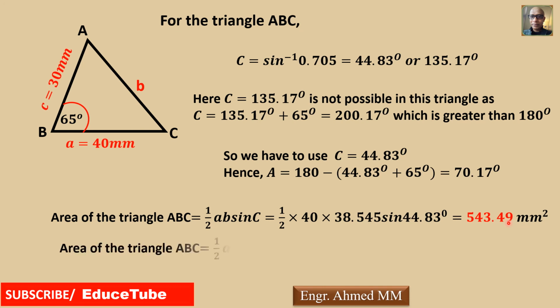To check, I am taking the other sides, AC sine B. I got 543.78. It is of course very close and the same, because due to the degrees, I have taken only two decimals. If it were more, this small variation would not appear, but both are the same.